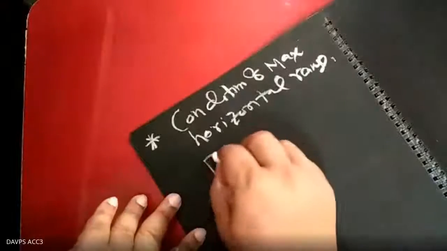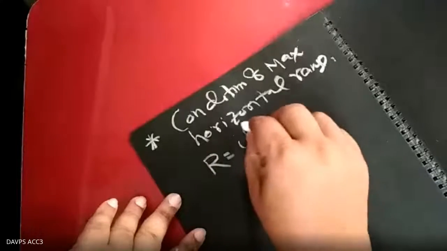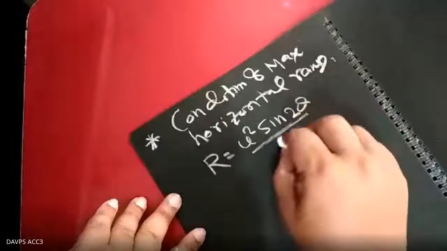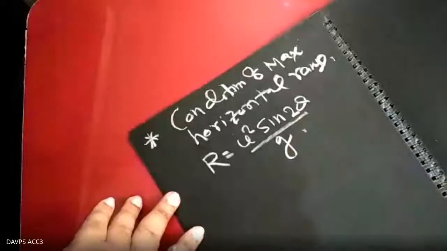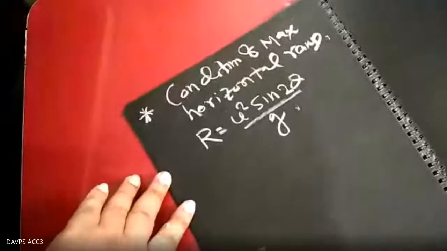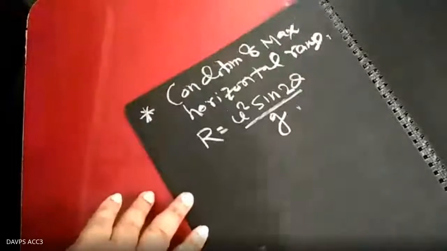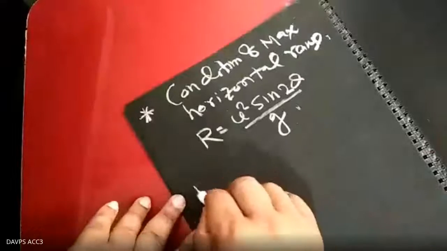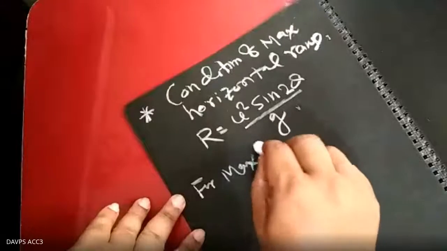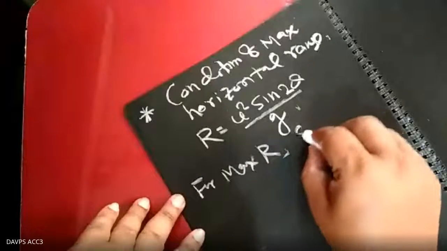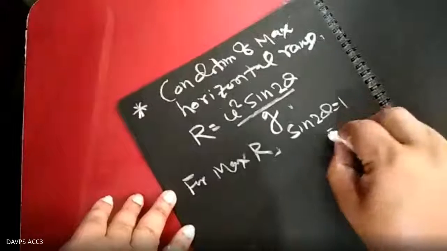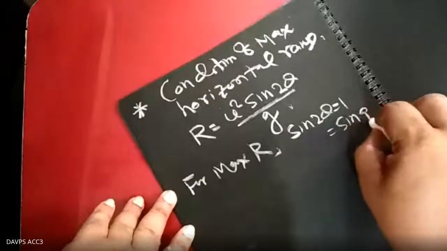First of all, write the formula R equal to u square sine 2 theta upon g. In this case, for maximum R, for maximum horizontal range, sine 2 theta must be equal to 1, that is equal to sine 90 degree.